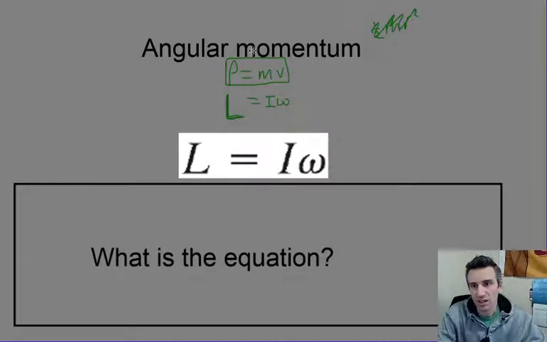An object in motion stays in motion, and an object at rest stays at rest unless acted upon by an unbalanced net force. An object in rotational motion stays in rotational motion. An object in rotational rest stays in rotational rest unless acted upon by an unbalanced, non-zero net rotational force, or torque. Newton's second law, we already applied. Newton's third law: for every action rotational force, there's an equal and opposite reaction rotational force.